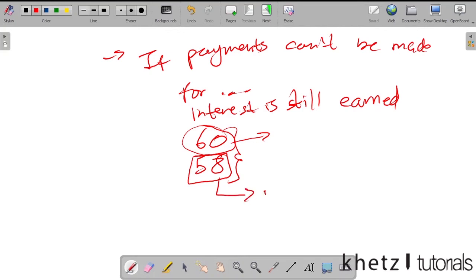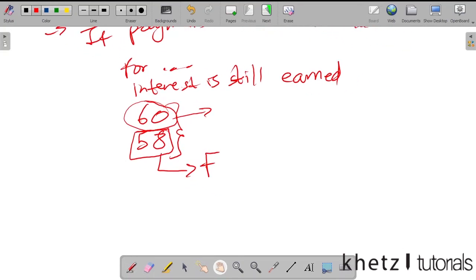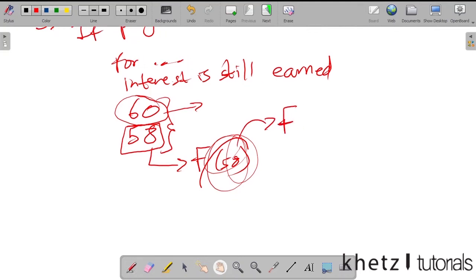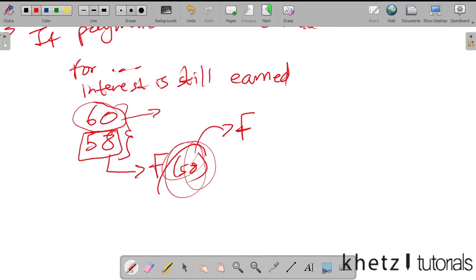you are going to use the future value formula, for example, using the 58, right? Using that 58. And after finding that value, so the value that you get after 58 payments for your future value, you actually apply compounding to that for the period which remains.